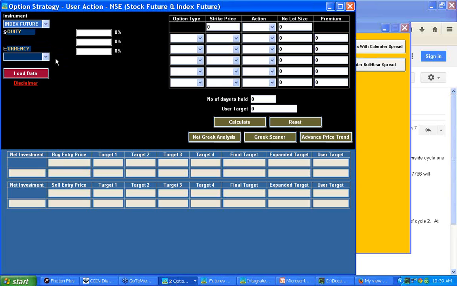Vega: for each 1% change in the volatility, how much change is going to come in the option premium? Theta: for each 1 day you are nearing the expiry, how much money you are going to lose from the time value in terms of percentage? That is your theta. So delta, theta, vega, these parameters have a very simple definition.